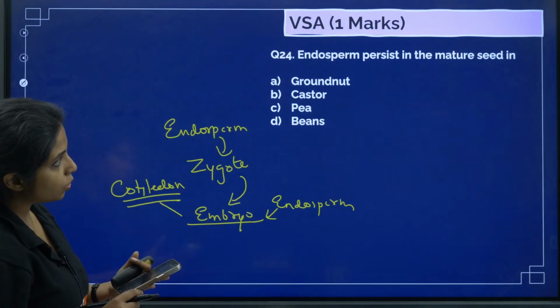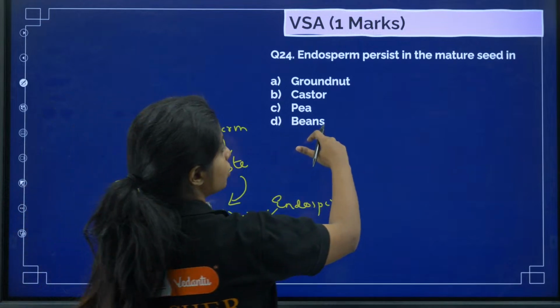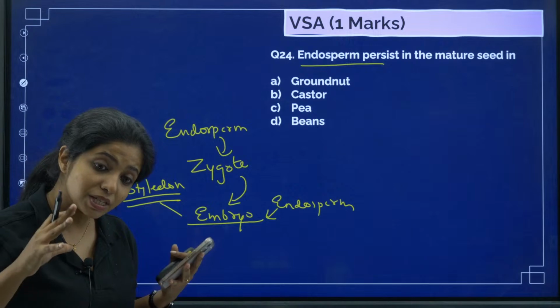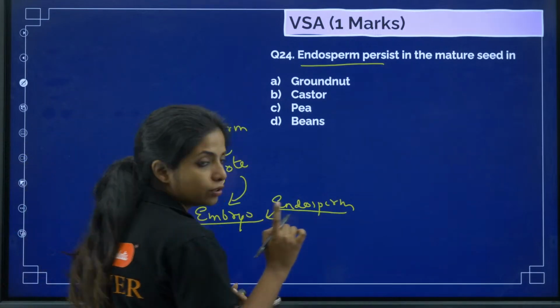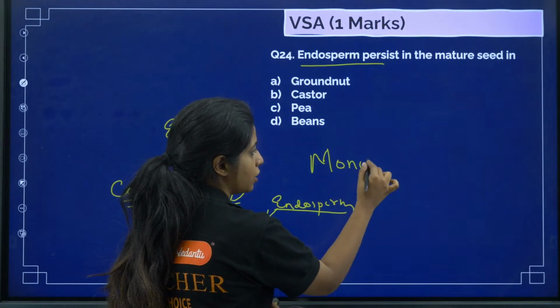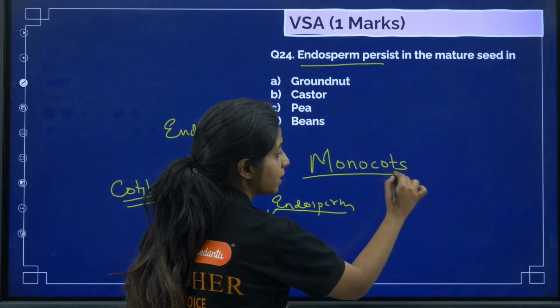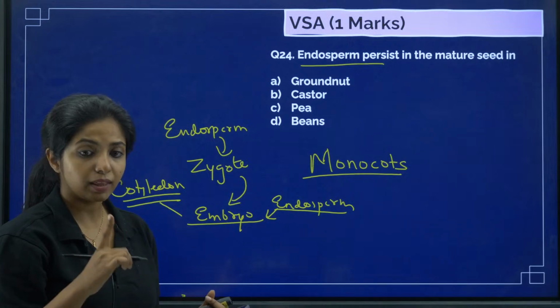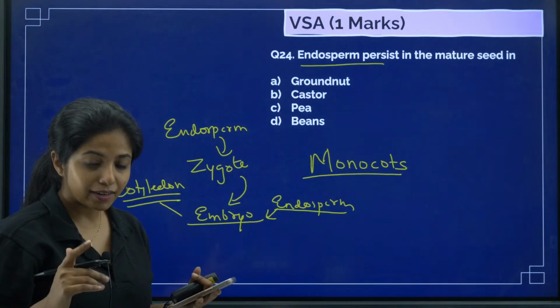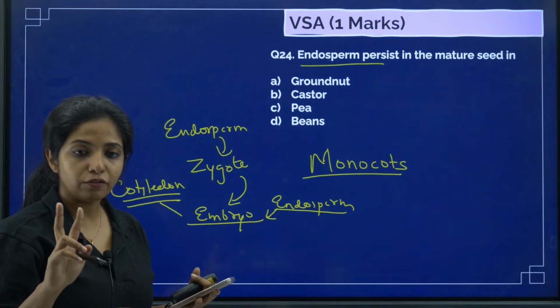So, which mature seed is it where the endosperm persists? I'll give you a clue: this happens only in monocots, plants that have one cotyledon, where the endosperm is still present. They do not have two cotyledons.